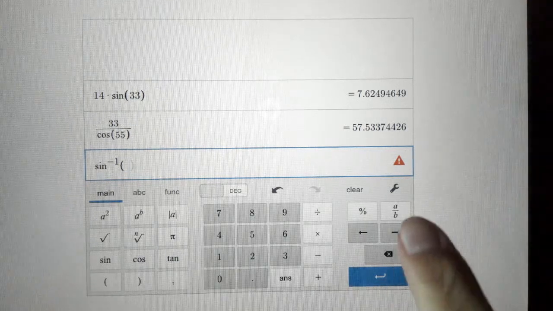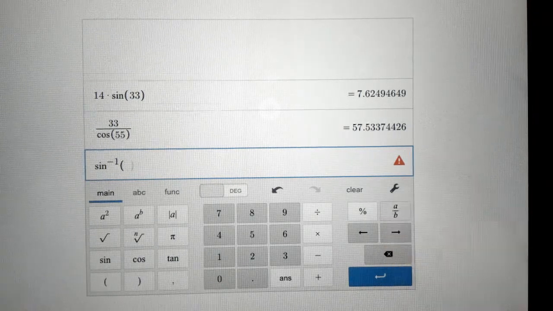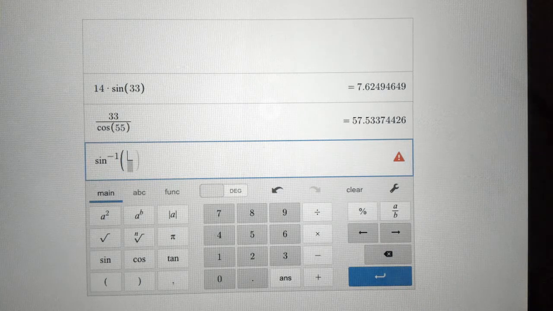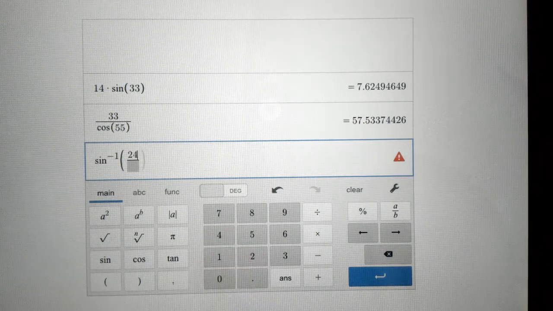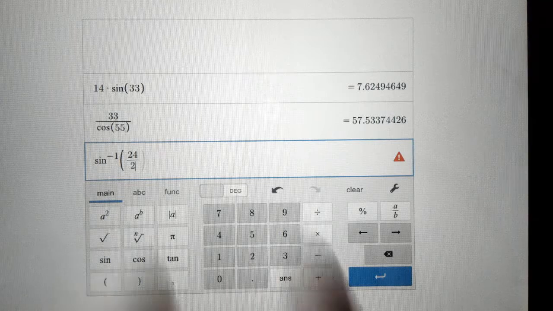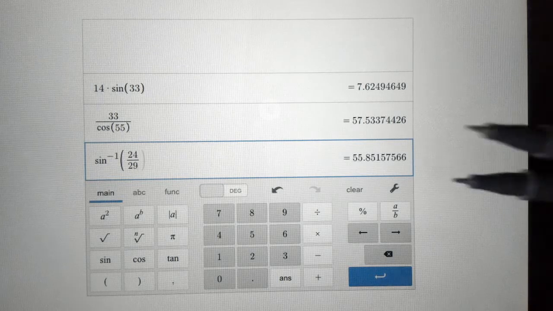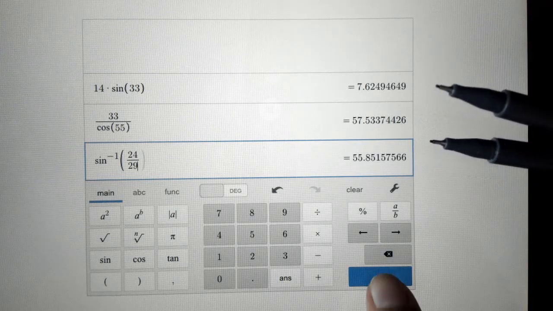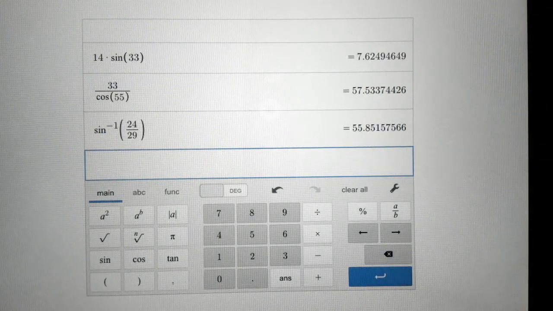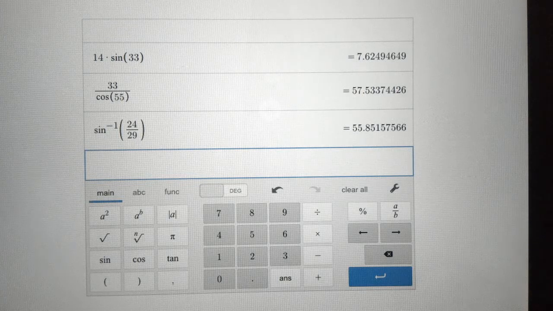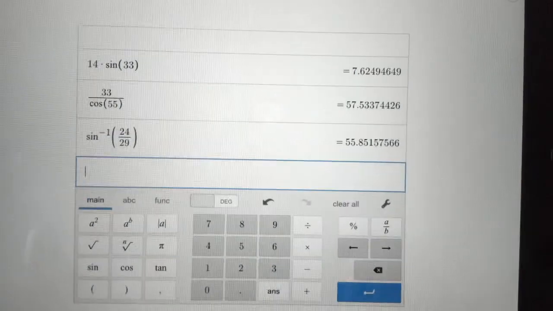The fraction keys are over here, so insert a fraction. On the top we had a 24, and on the bottom we had a 29. Now it looks exactly like it did on my handheld calculator, and I'm already seeing the result of 55.9 if you round up, even before I press enter. So you do have the appropriate tools on this machine, you just have to push an extra button to get to them.